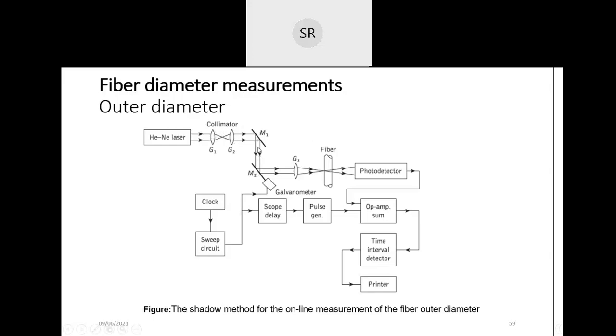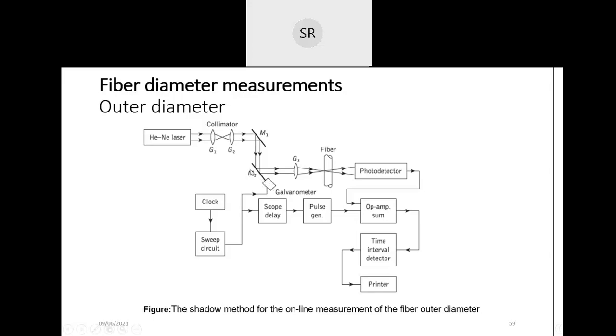Then there are two mirrors. The output of one mirror is given to the galvanometer. Because of the galvanometer mirror M2, it rotates through a small angle at a constant angular velocity before returning to its original position.